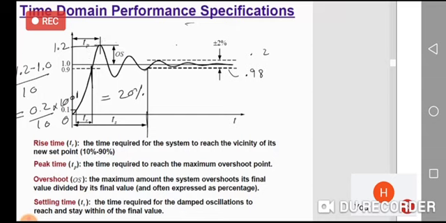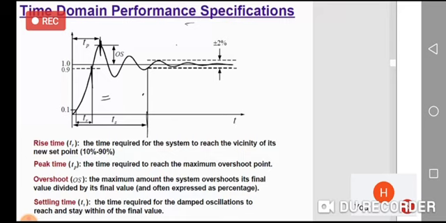Peak time: from the start of the system response until the response reaches its first peak is called peak time. ये तमाम चार components हैं second order system के transient response के.